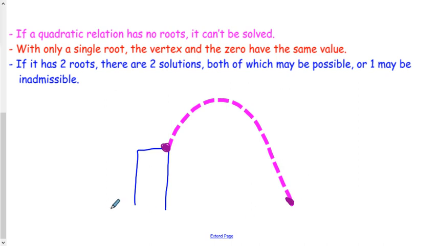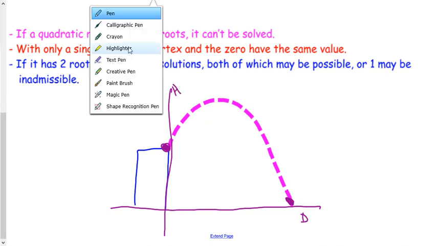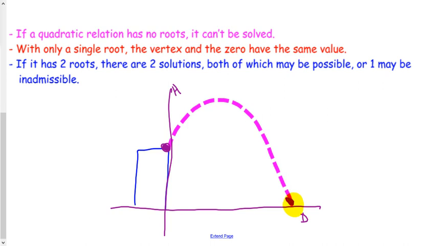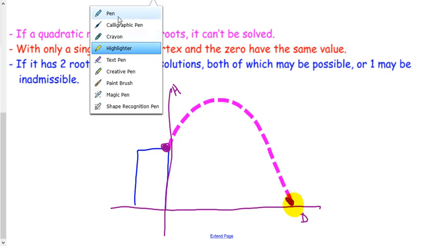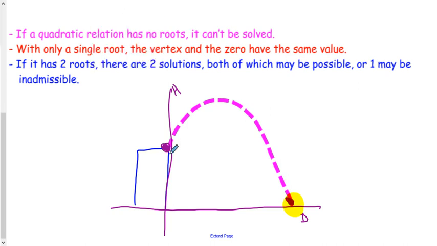If we made our axis something like this, our distance and our height axis, you might say one of our zeros is right here, and we get that solution. Where's the other zero, though? Well, it turns out the other zero is actually back here. And so you would actually get a solution that is negative.